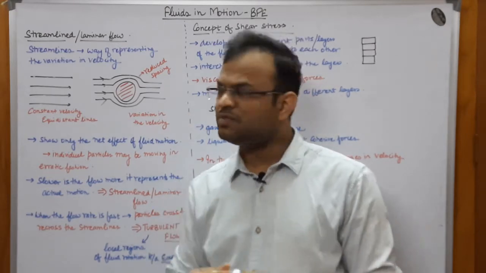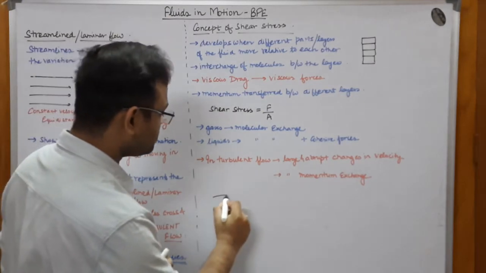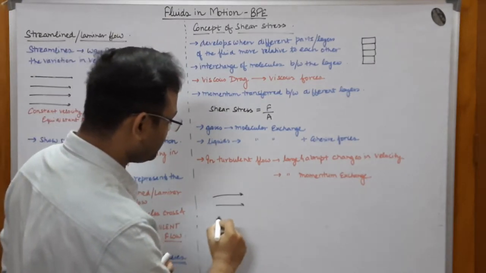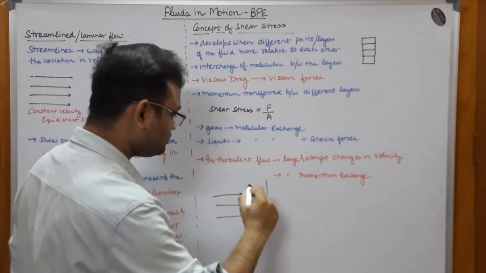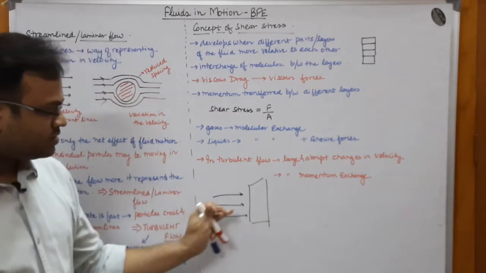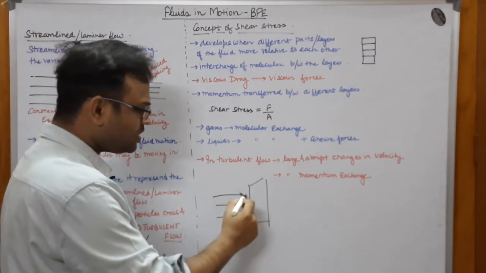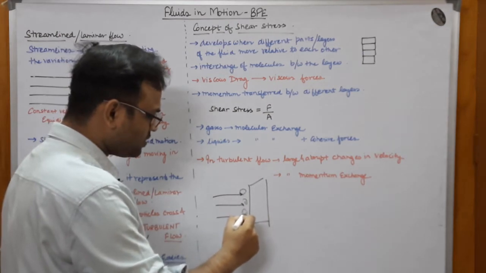What do these eddies mean? So you will just see something like this. Let me just show it to you. Suppose this is the direction of the fluid and I keep something just opposite to this. What will happen? These liquids will strike over here and they will show circular motion over here.